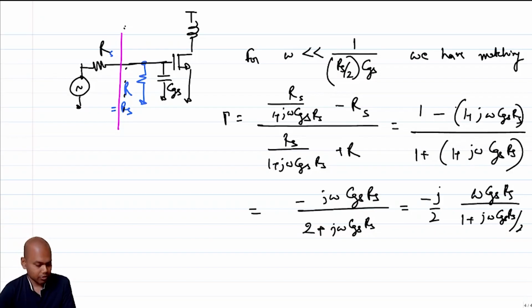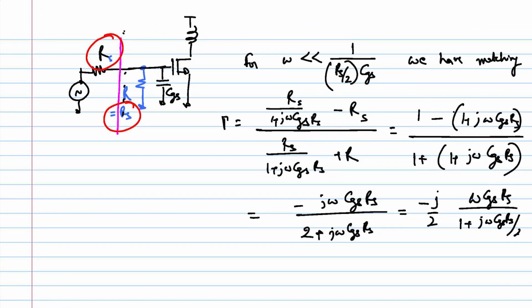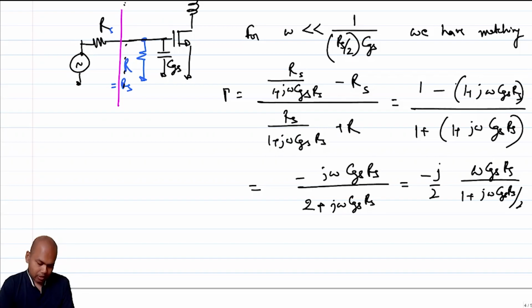So essentially you see that you are approaching the matching condition, right? Okay, fine. So now this much we understand that we need this extra R. Okay, so if we need this extra R, then what is the impact?